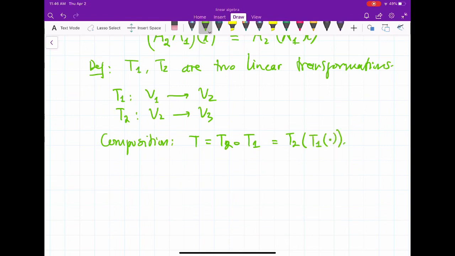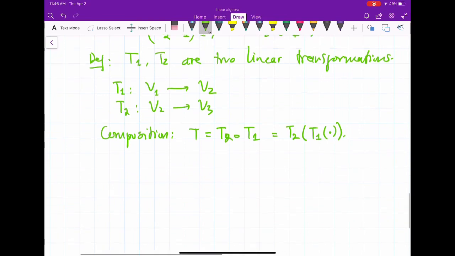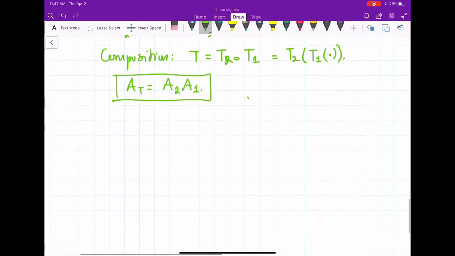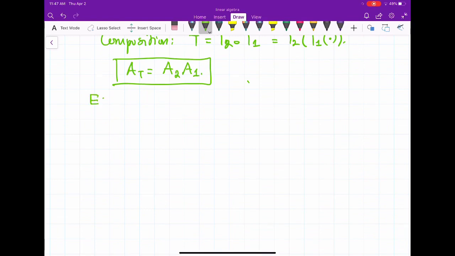And here I say dot, meaning in case you have a vector, you just write the vector right there. And A_T is equal to A2 times A1. All right? So let's consider the following example.